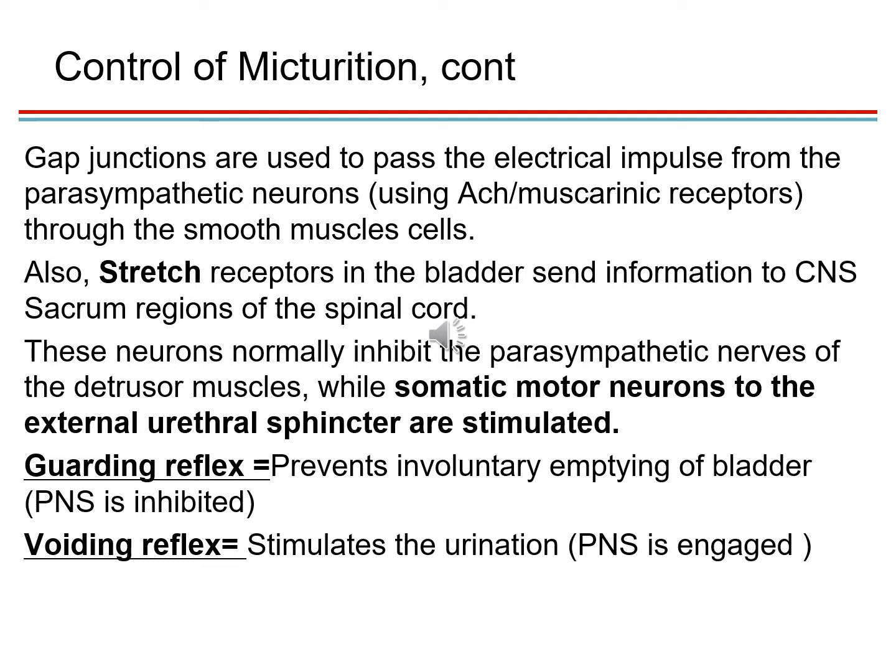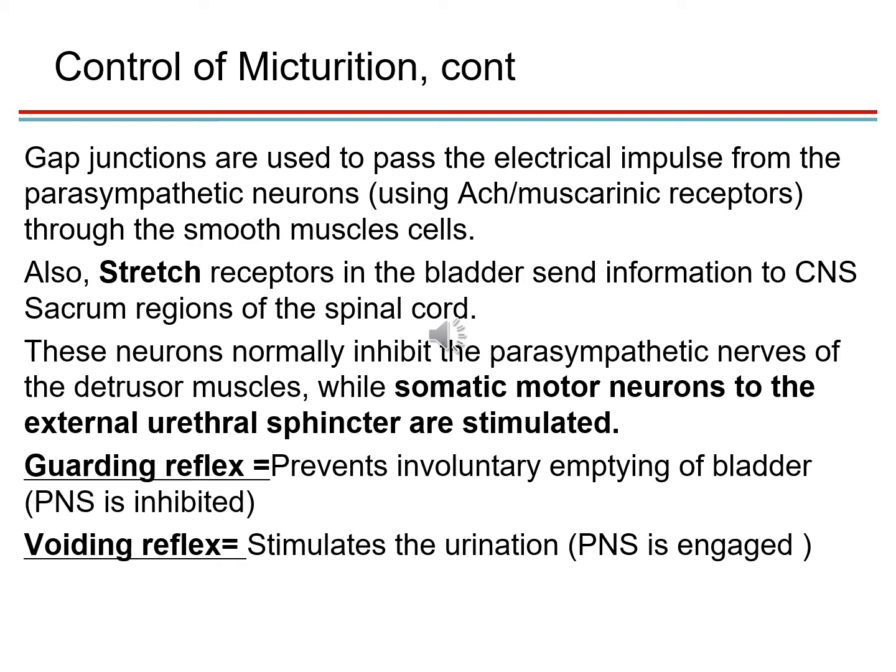Now, when we go to the bathroom, because either we have time, we don't want to wait more time, or we are in a rush, at the time we get to the toilet, we have that guardian reflex inhibited. In other words, we release the action of the somatic motor neuron, inhibit the action of the motor neuron, and we allow the parasympathetic to take place.